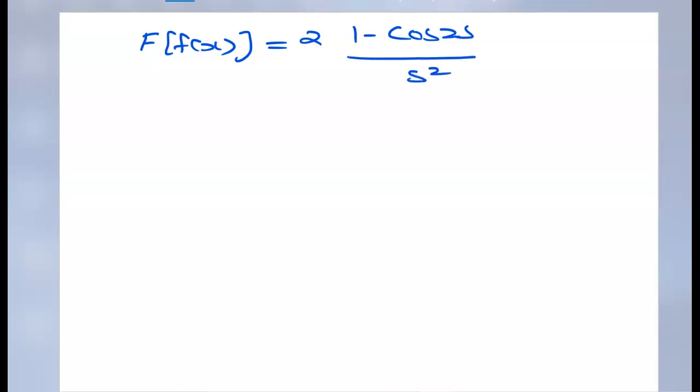So what we have here is the Fourier transform. We had something called the Fourier transform of f of x. Fourier transform of f of x is 2 times 1 minus cos 2s by s square. Okay, so I have taken this s squared common.